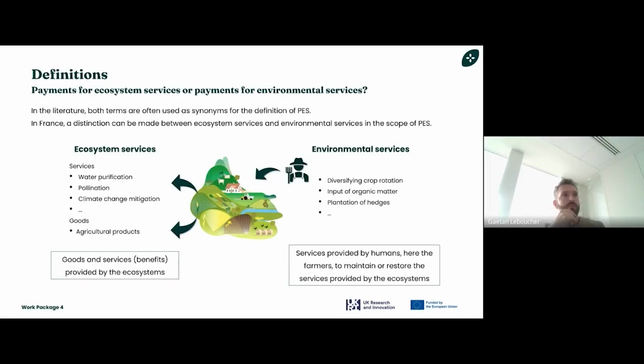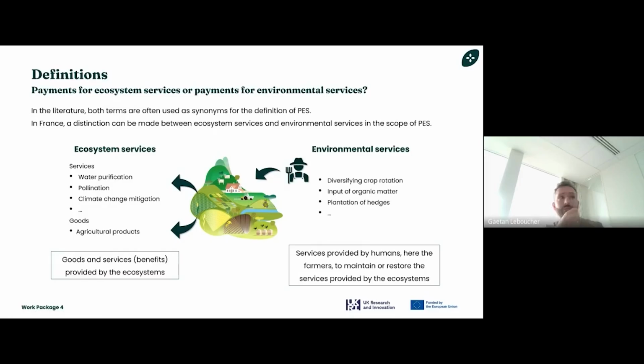At first, there is a small distinction that can be made between 2 terms: ecosystem services and environmental services. Ecosystem services refer to the benefits that are provided directly by the ecosystem, whereas environmental services are the ones that are provided by humans, here the farmers, to optimize the provision of the ecosystem services.